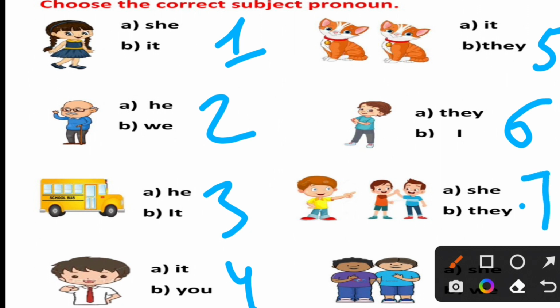Picture 7. The correct subject pronoun is they because he shows they. And the last one, the correct subject pronoun is we because we shows ourselves.